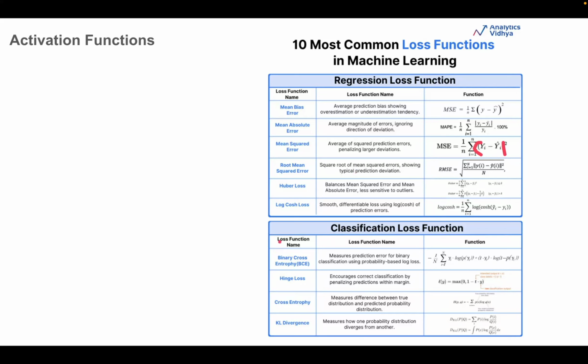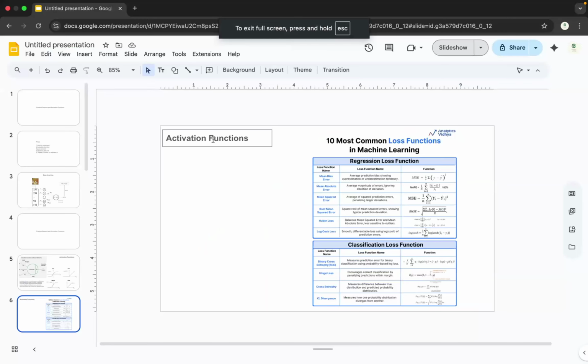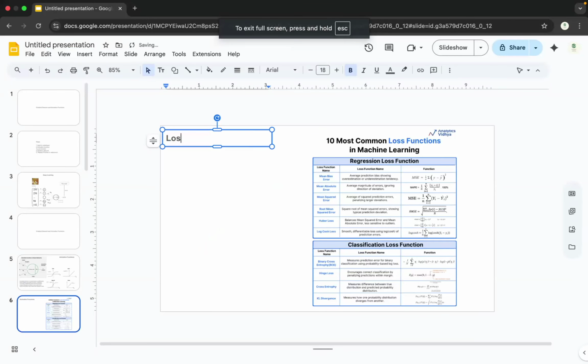There's a lot of loss functions. For classification tasks, there's binary cross entropy, there's cross entropy, there's a lot of them. So in your journey, you'll be coming across most of these things, right? It just depends on what you're building, but it's the same thing. There's no difference, right? Let me correct this.